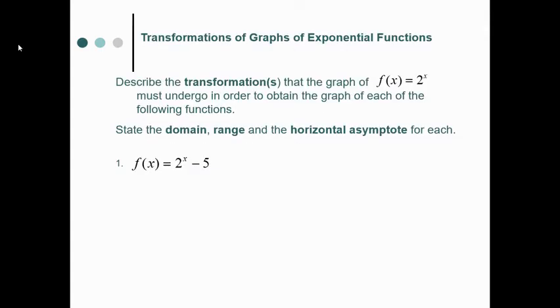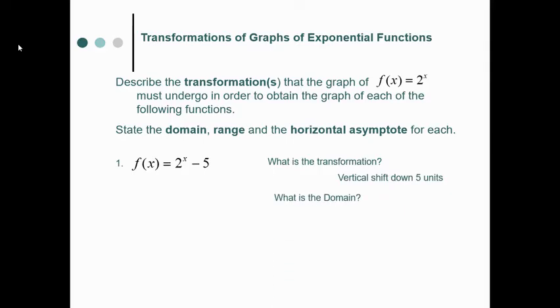Alrighty, we're going to go through some of these, and we're going to do some examples. Our parent function is f of x is equal to base 2 to exponent of x. We're going to state the domain, the range, and the horizontal asymptote for each, as well as the transformation. So what is the transformation for this? That's right. We have a vertical shift down 5 units.